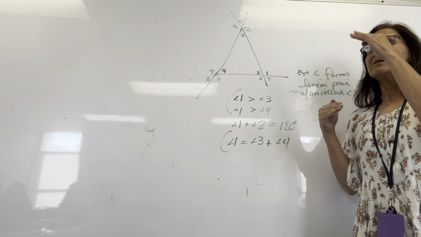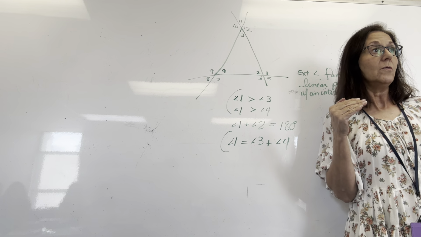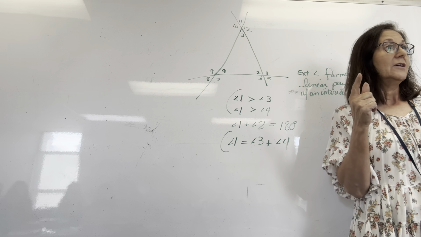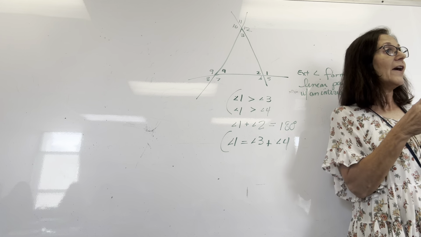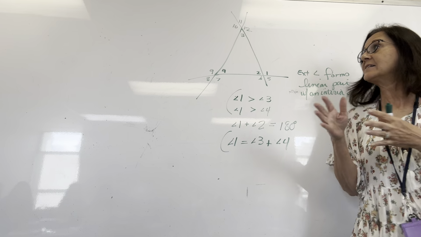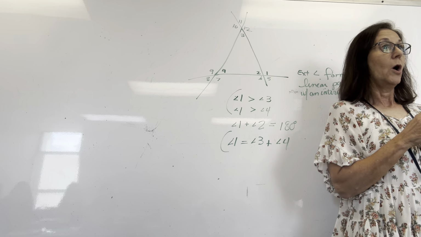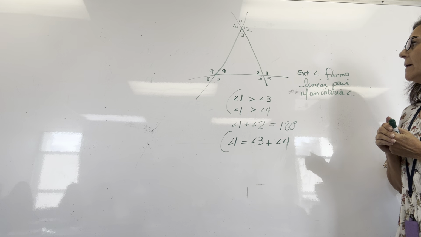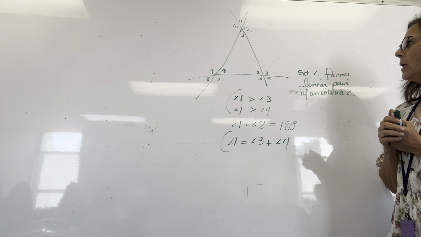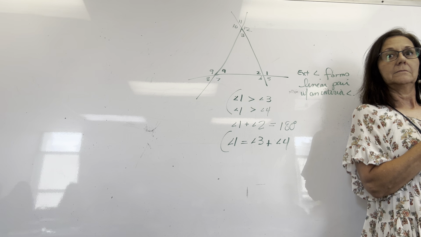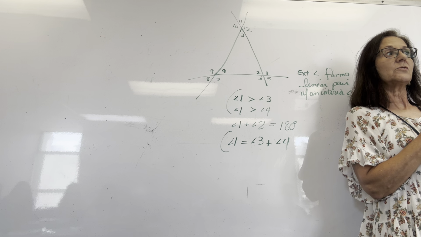So 2 plus 3 plus 4, the interior angles, have to equal 180 degrees. So what must 5 plus 11 plus 8 equal? 180. What must 10 plus 1 plus 7 equal?